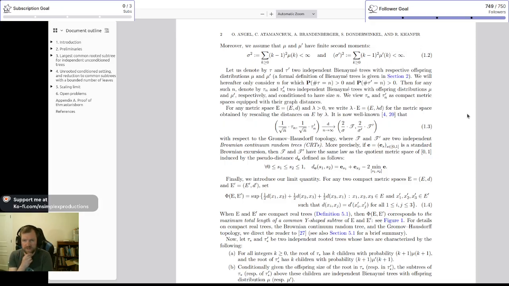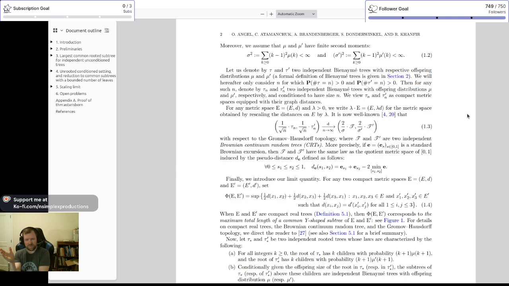More precisely, if E equals (E sub s), where s is between 0 and 1 inclusive, is a standard Brownian excursion, then fancy T and fancy T prime have the same law as the quotient metric space of 0 to 1 inclusive, induced by the pseudo-distance d sub E, defined as follows.